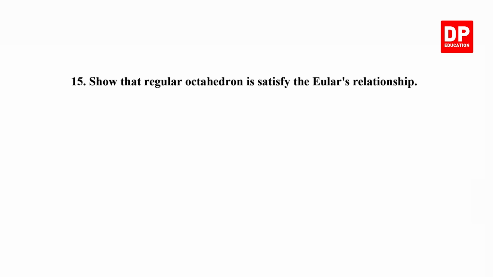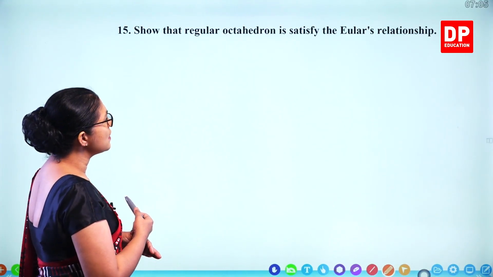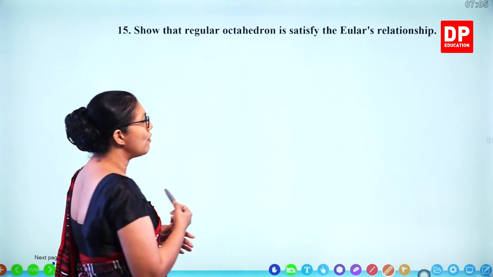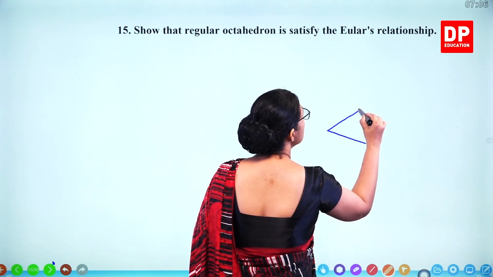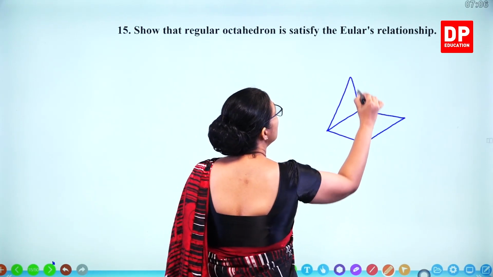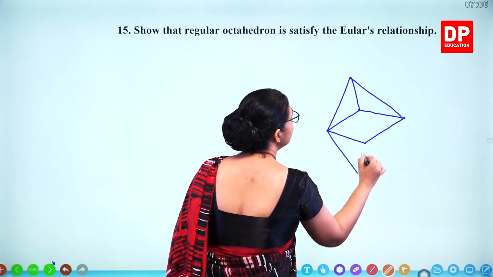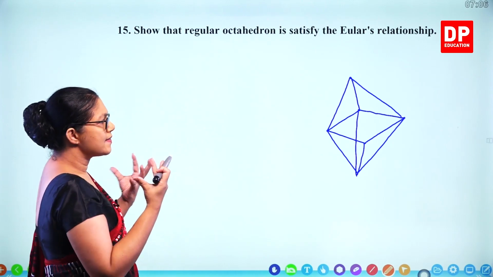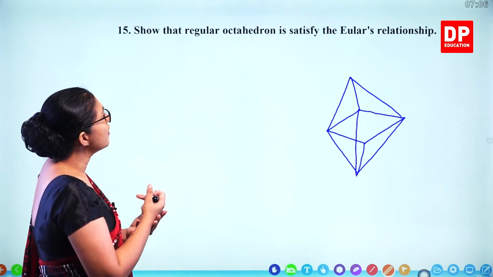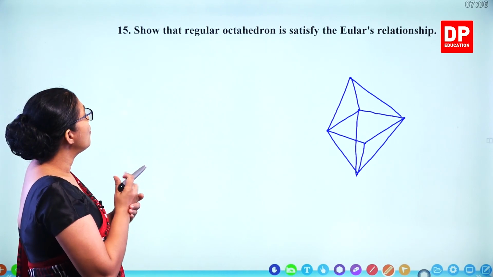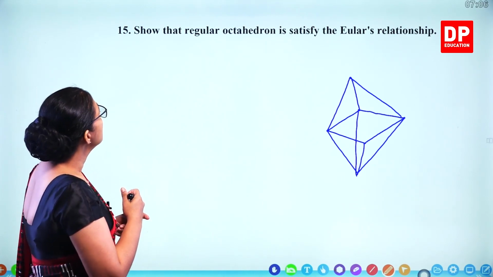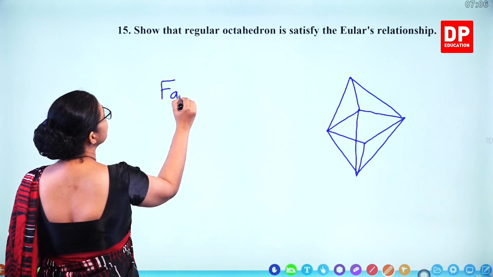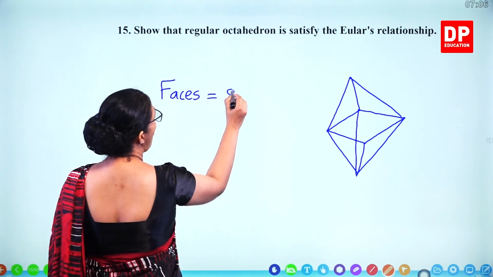Question number 15. Show that a regular octahedron satisfies Euler's relationship. Regular octahedron. What does octahedron mean? You get 8 faces. All faces are equilateral triangles. This is a regular one. So that's an octahedron. We'll check how many faces are there. Faces 8.